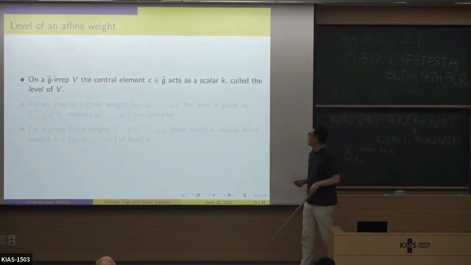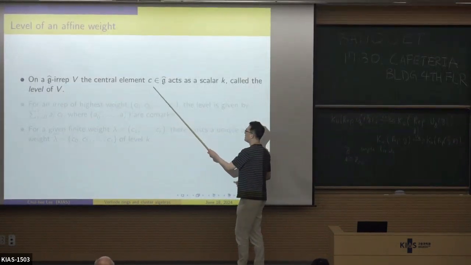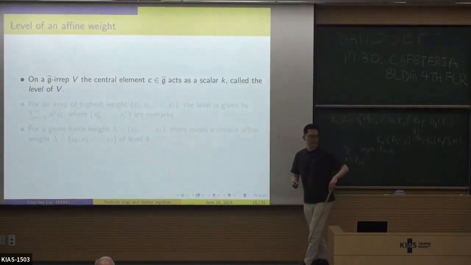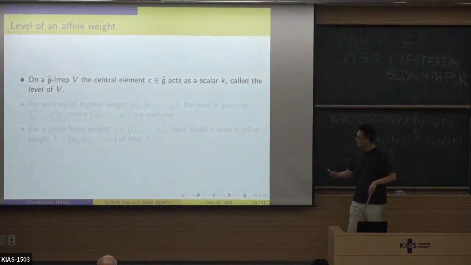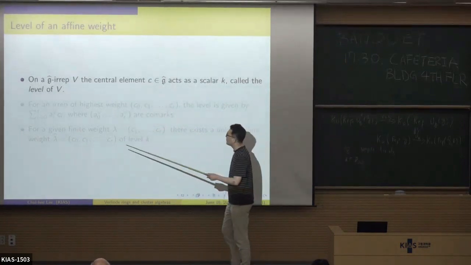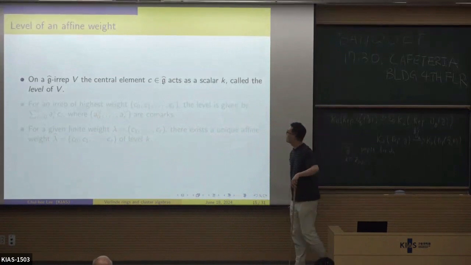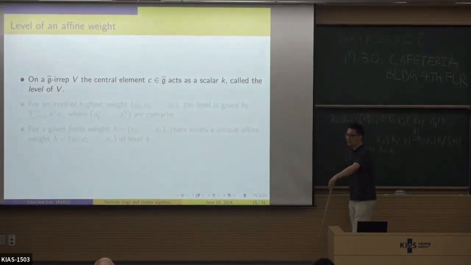To explain what this is, I need to explain the concept of the level of a representation of an affine Lie algebra. Before, using something called comarks, I defined a certain distinguished element of the affine Lie algebra. The central element acts as a scalar on an irreducible representation of an affine Lie algebra, and this number is called the level.